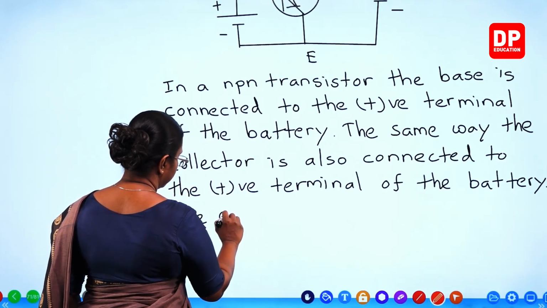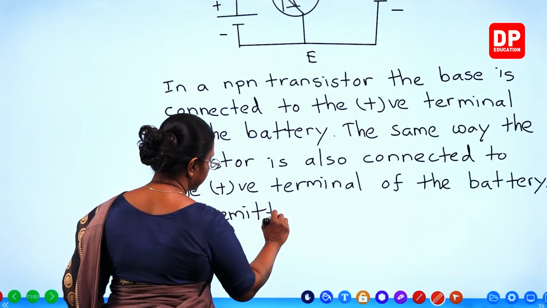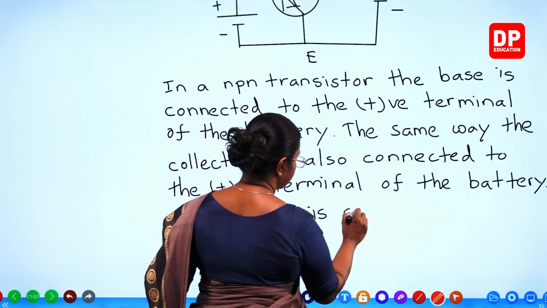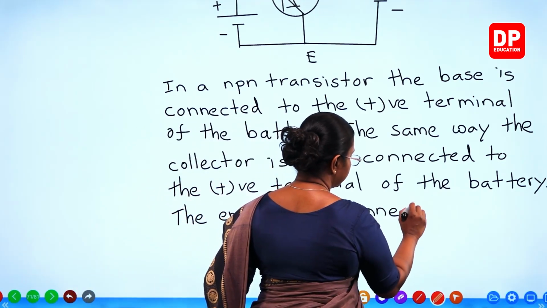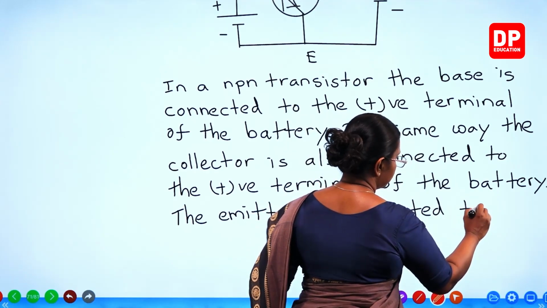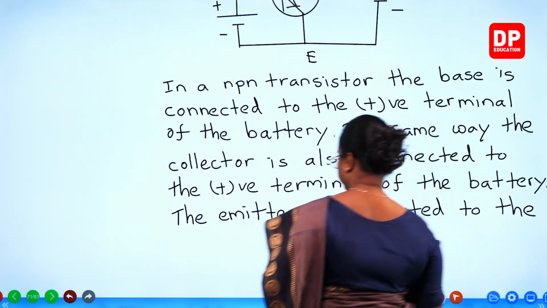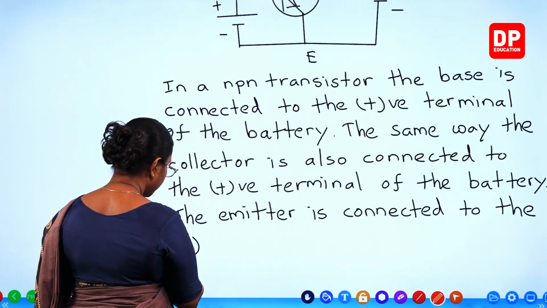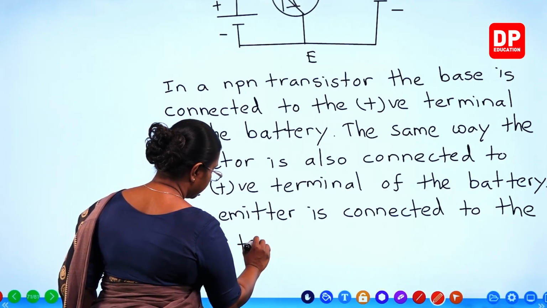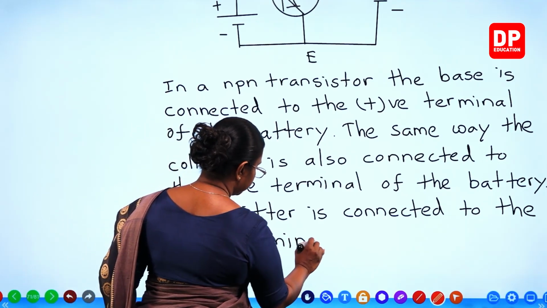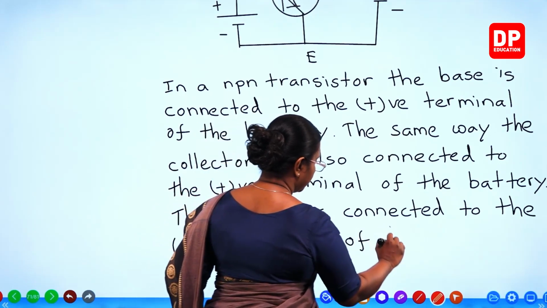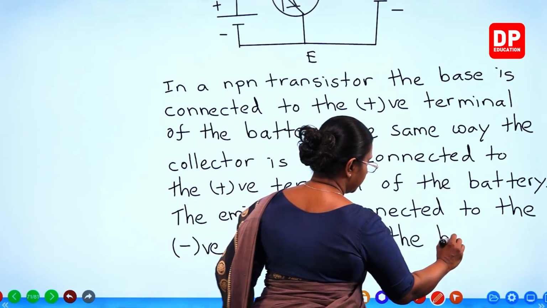The emitter is connected to the negative terminal of the battery.